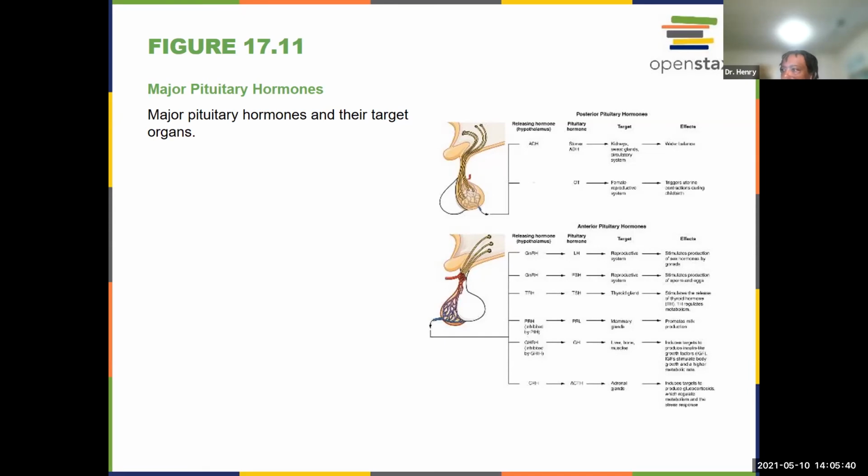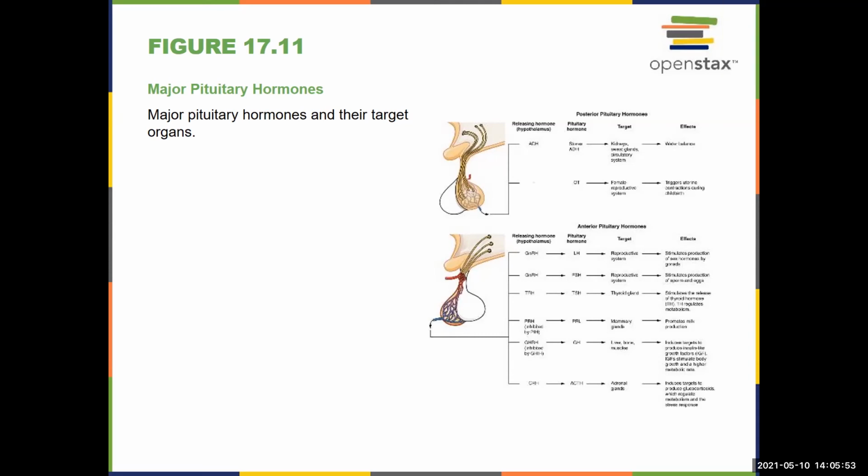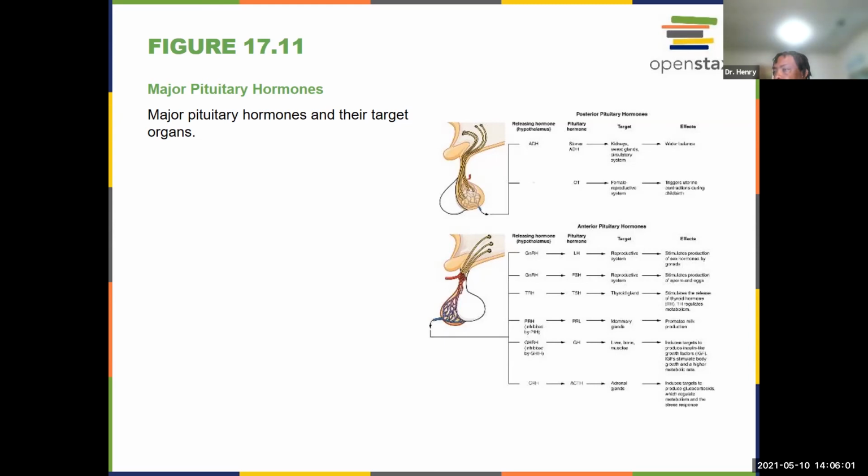It's going to stimulate your sex hormones by the gonads. And we also have the follicle stimulating hormone being released by it as well. It's also going to stimulate sperm and egg production.